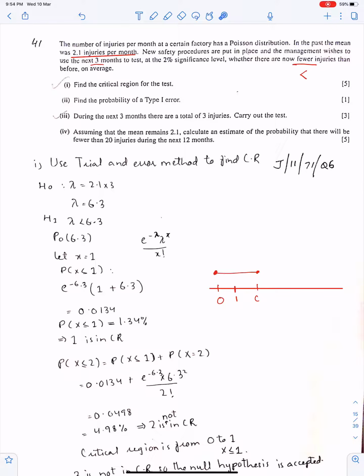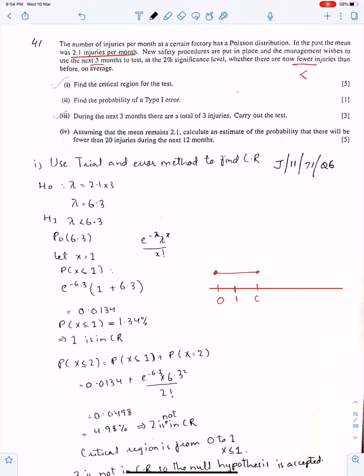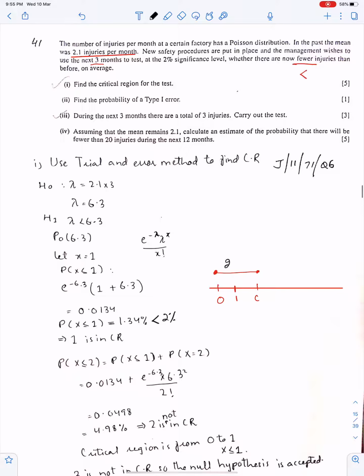Anyway, this is H0, lambda 6.3, and this is H1, and this is the Poisson model, and we are starting from 1. So when we take 1, we get this probability, and this probability is too small. This is less than 2%. That means 1 is in the critical region.